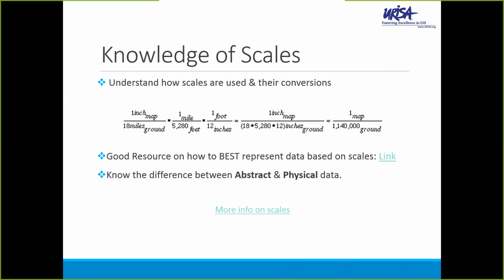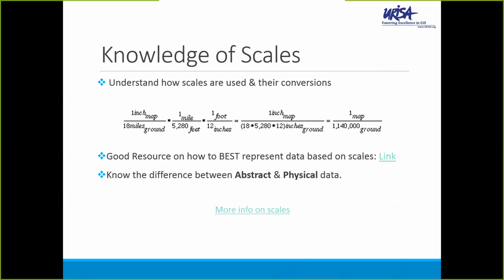The scales are extremely important for GIS, and you need to understand how they're related and how they convert to one another. So this is another way that algebra plays a role. Again, I've given linked sources on here.